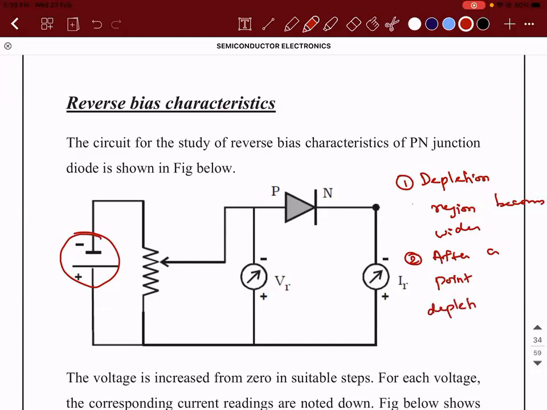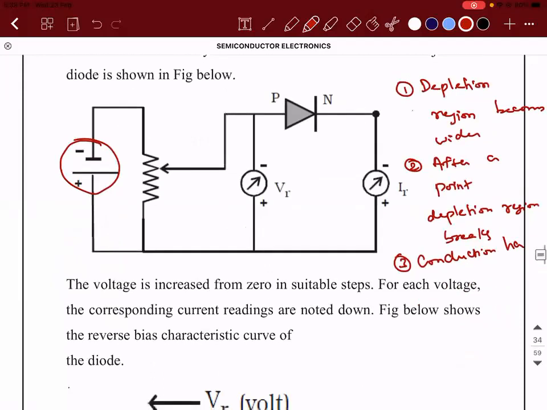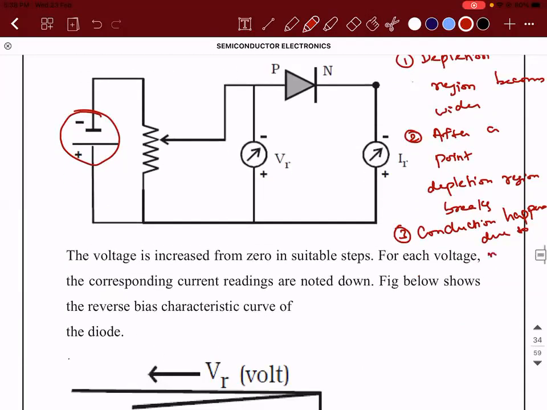After a point, the depletion region breaks. And then what will happen? Conduction happens due to whom? Due to the majority or minority charge carriers? Due to minority charge carriers. Correct? So is this not what is happening?